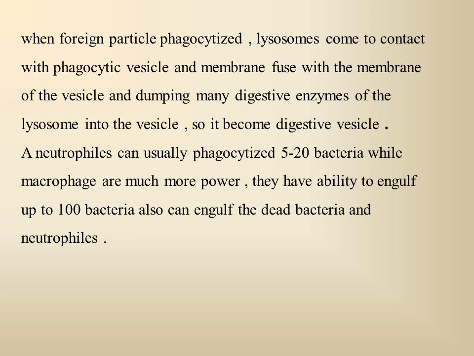The neutrophil usually phagocytoses about 5 to 20 bacteria, while the macrophage is more powerful. It has the ability to engulf up to 100 bacteria, and also engulf dead bacteria and neutrophils. Although the macrophage is considered the second defense line, it is more powerful than neutrophils, and can engulf dead neutrophils and dead tissue.